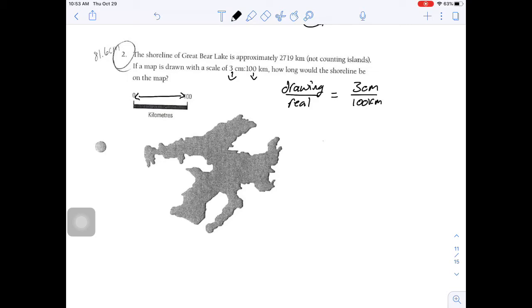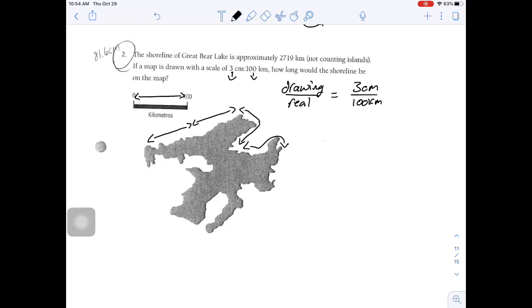So that would roughly be this guy and this guy, if that's what it's talking about on the shoreline. So I think the shoreline, they actually want us to go all the way around there, and I would say that's roughly 100 kilometers itself.